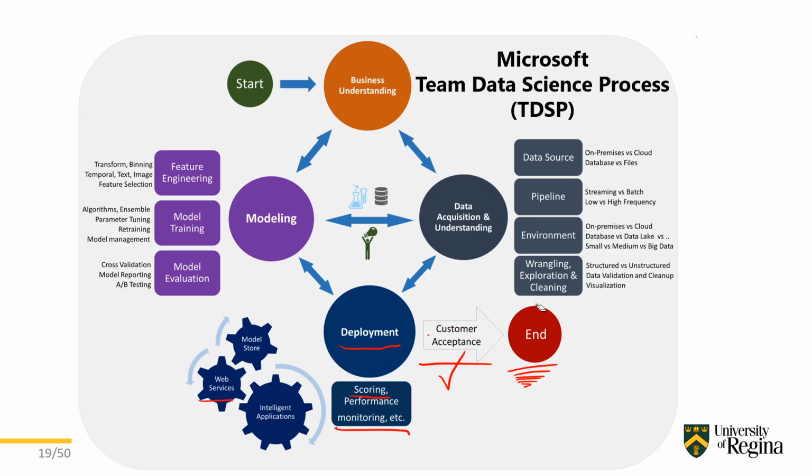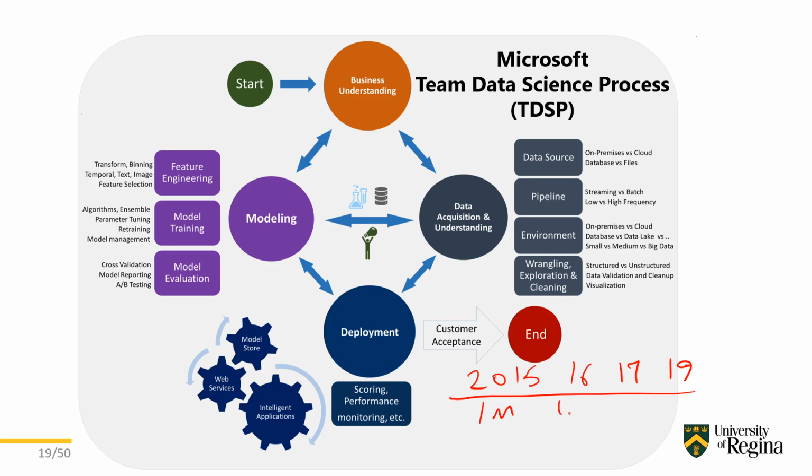So imagine, for example, you know about the pandemic, right? Imagine I have the average number of visitors to Canada. So for example, in 2015, 2016, 2017, 2019, the average visitors per year are 1 million, like 1.2 million, 1.3 million, 1.4 million.